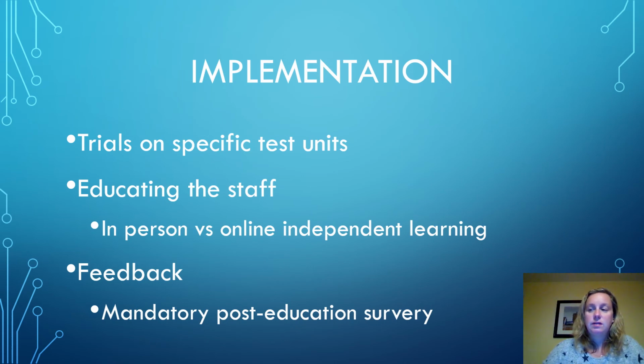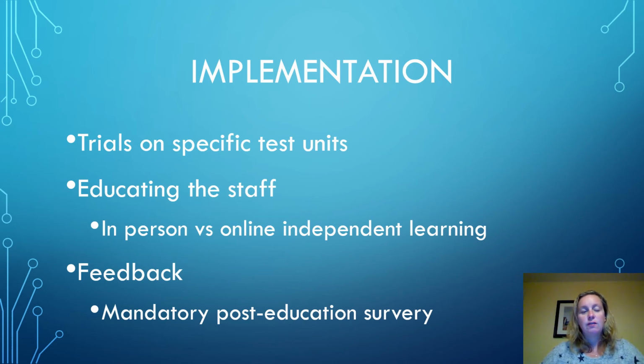So after this, we decide what we're going to change and how we're going to implement these things. So we're going to trial them on specific test units, and then we're going to educate the staff. And depending upon how intense and how big of a change is going to happen, either the education is going to have to happen in person, or it can be done as online independent learning.